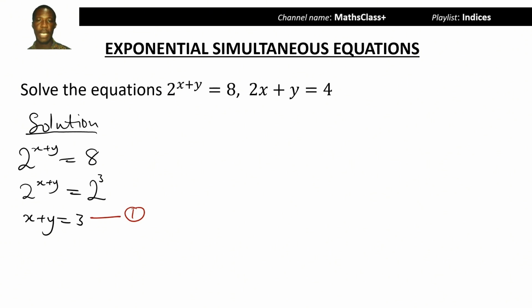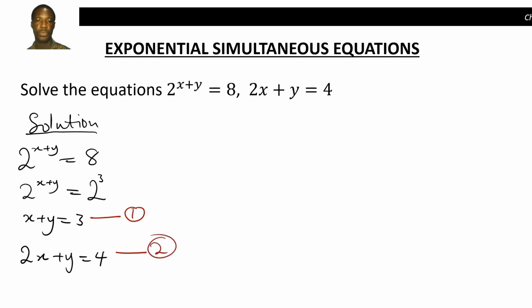Then for the second one, straight away we have 2x plus y is equal to 4, and we are not making any changes. That's our equation 2.